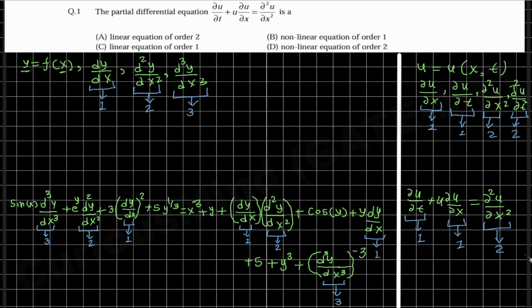So this becomes the order of this whole partial differential equation, right? Because we know that the highest value of the order of any of the partial derivative present in a partial differential equation becomes the order of that whole partial differential equation.